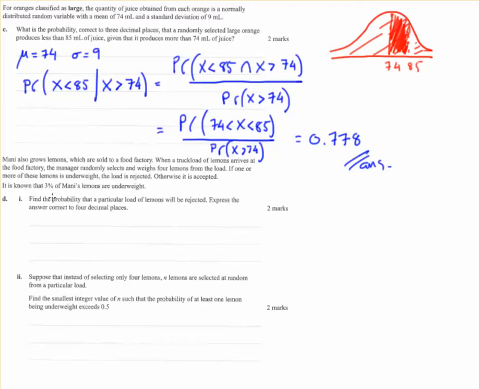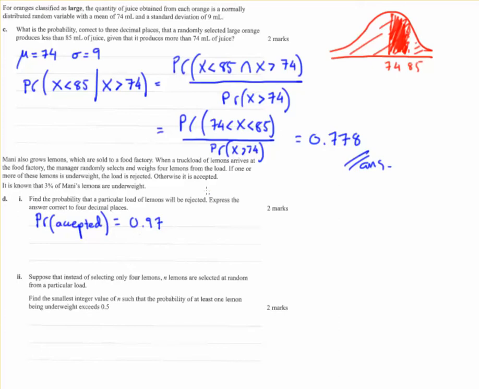You could define a binomial distribution, but really what we're looking at is finding the probability of a load being accepted, and then we can take the complement. The manager has to pick 4 lemons that are not underweight. 3% of the lemons are underweight, so there's a 97% chance that they won't be underweight, and that needs to happen 4 times in a row.